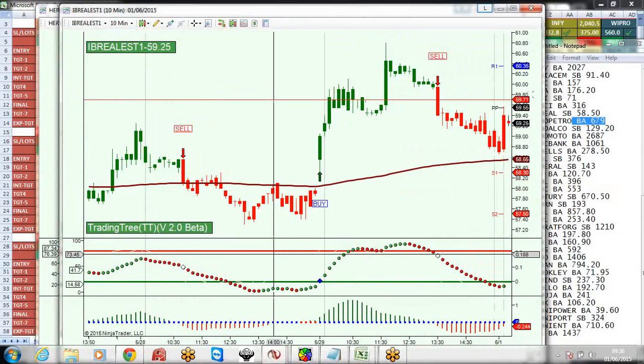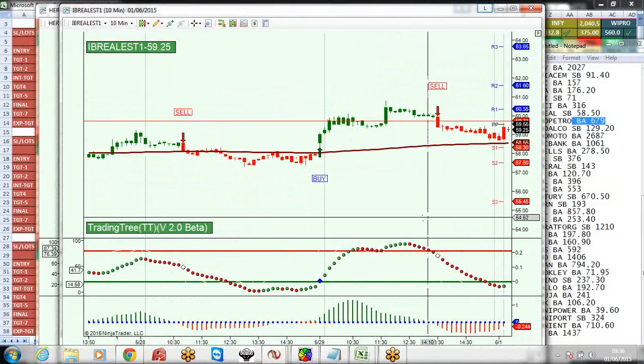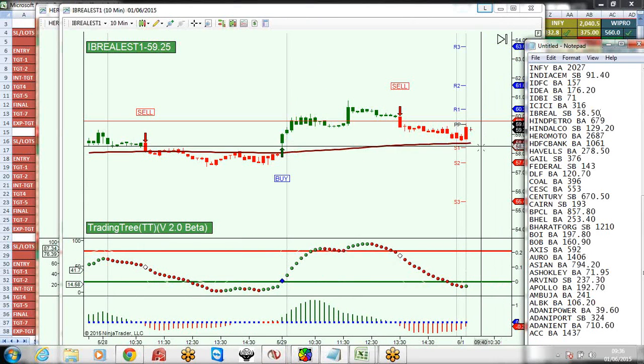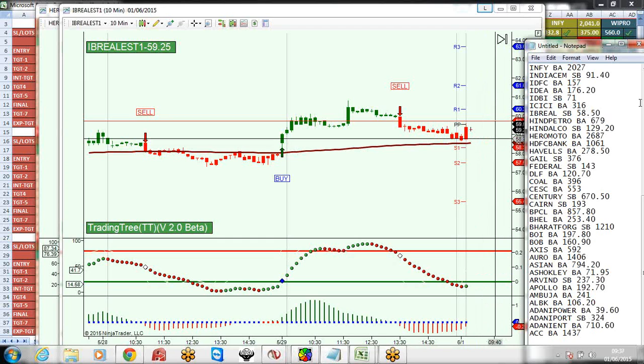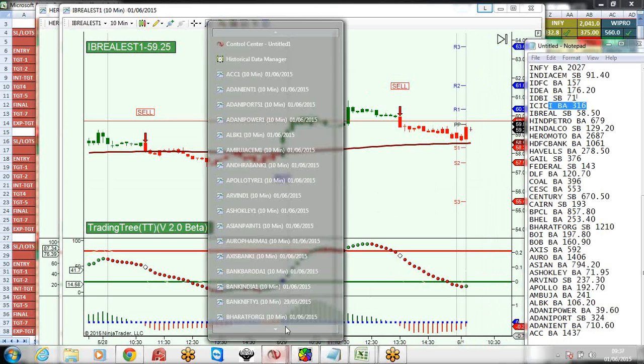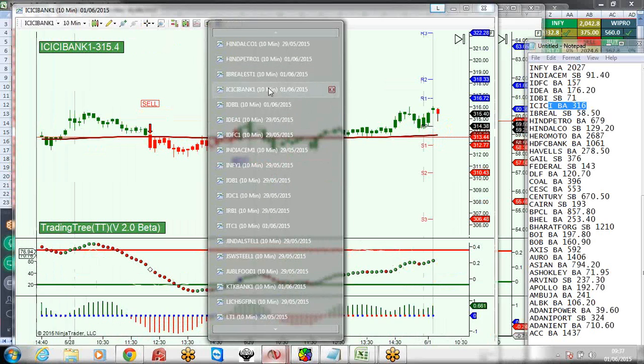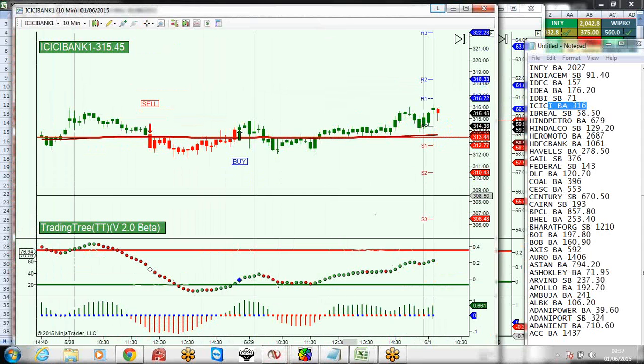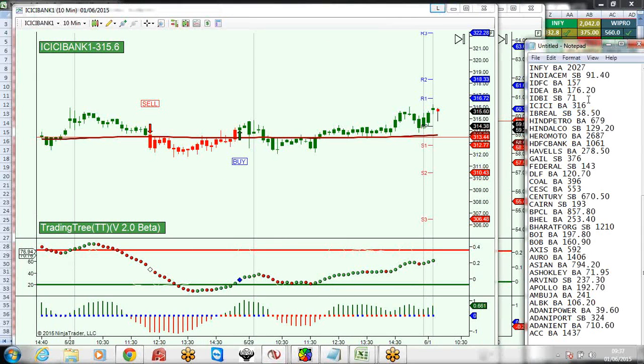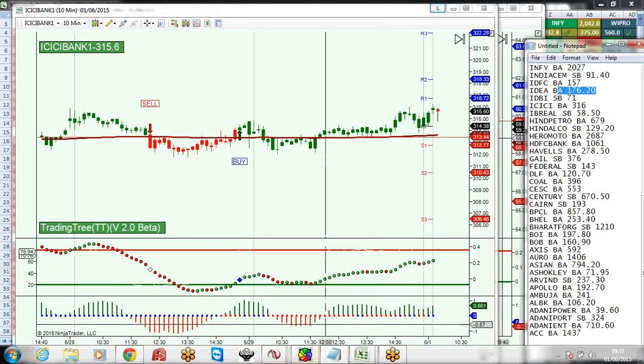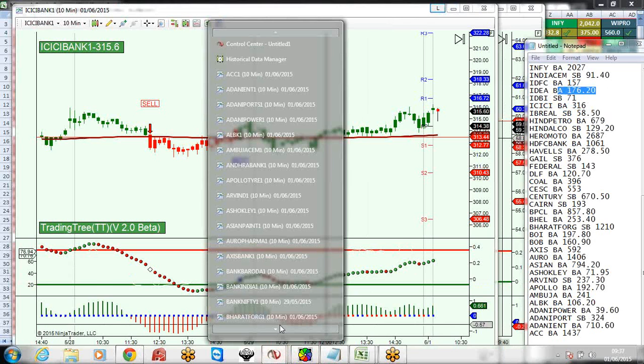IB Real, we have a sell 5850. That is below this brown line, so that is not triggered. Buy above 316, we already saw that, ICICI. Idea 176.20, that is a buy.